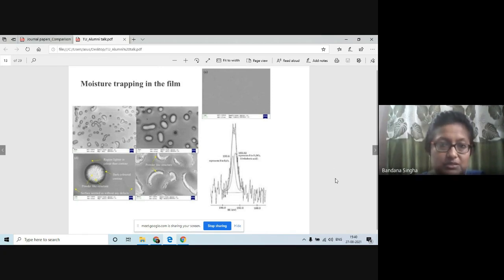All these experiments were carried out under clean room conditions, where the humidity and temperature are maintained. But even in that ambience, we could see the moisture trapping phenomenon resulting in some powder-like structures on the sample surface.